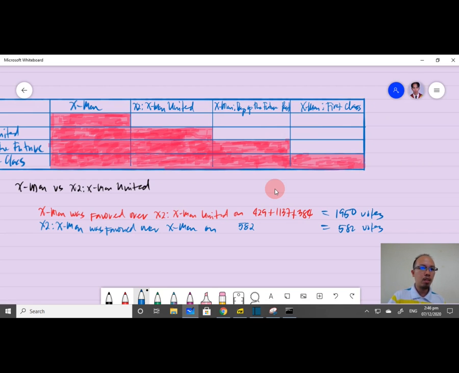So the winner in this matchup, X-Men versus X2 X-Men United, is this one here. X-Men is the winner.